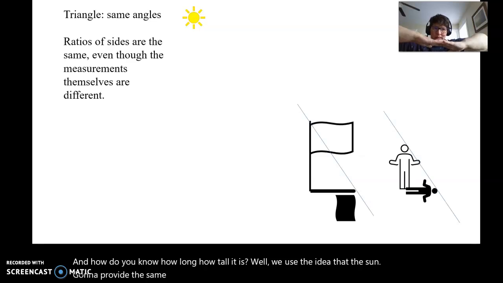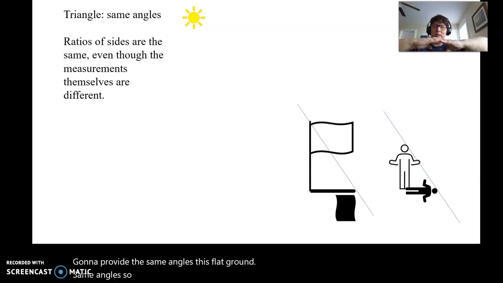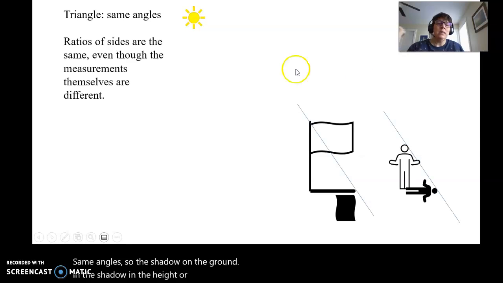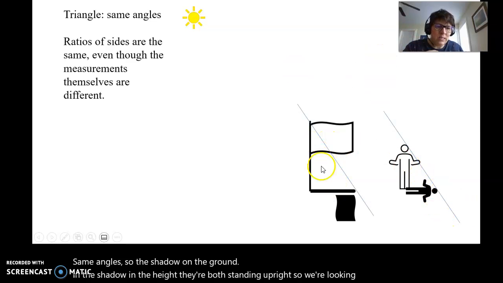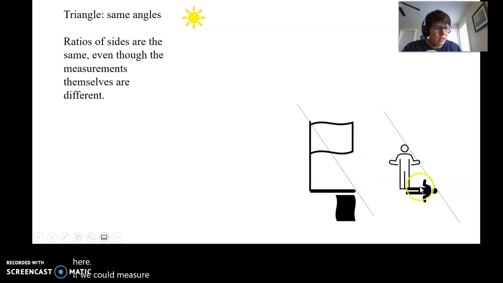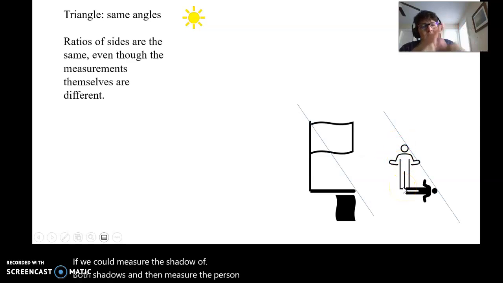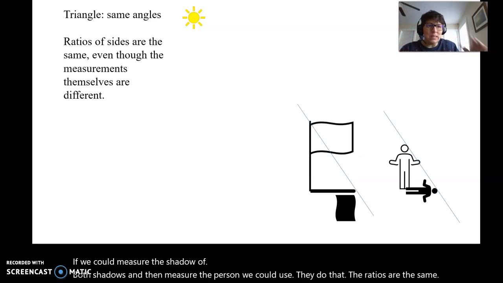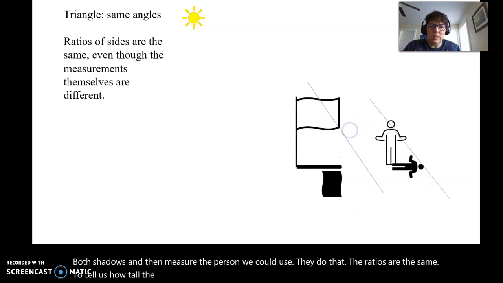This is flat ground, same angles. So the shadow on the ground and the height, they're both standing upright, so we're looking at 90-degree angles here. If we could measure both shadows and then measure the person, we could use the idea that the ratios are the same to tell us how tall the flagpole was.